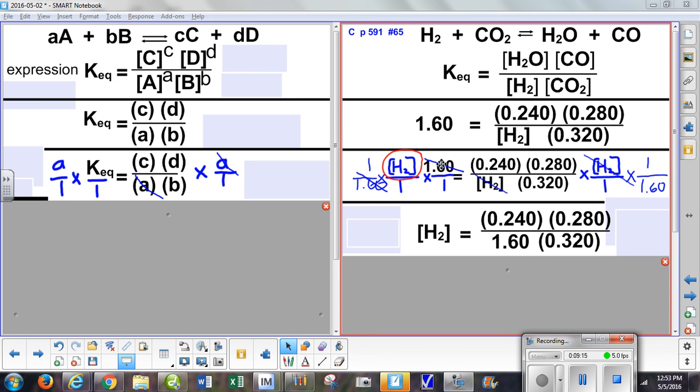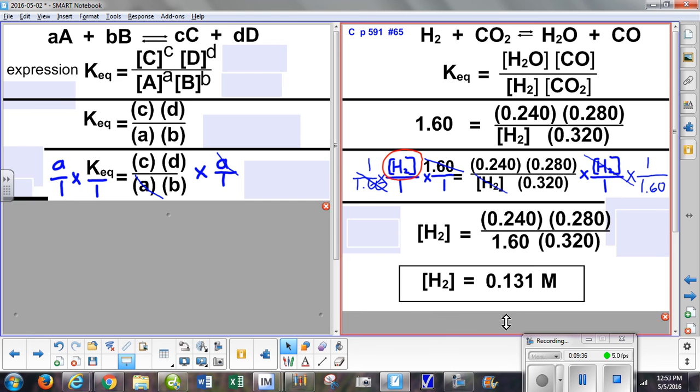Likewise, I can move this from here to here, which is what we accomplished by multiplying both sides by the hydrogen concentration and dividing both sides by 1.60. And now all we do is solve, and the number that we come up with is 0.131.